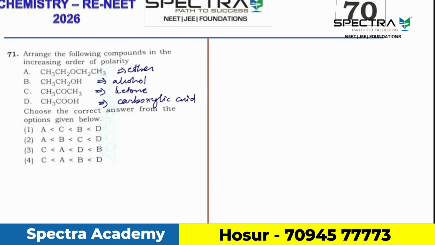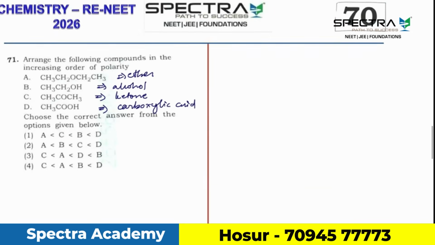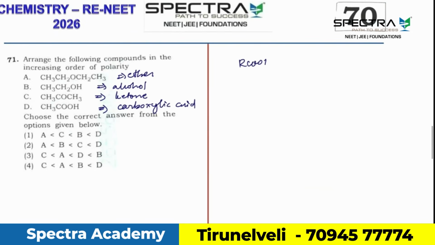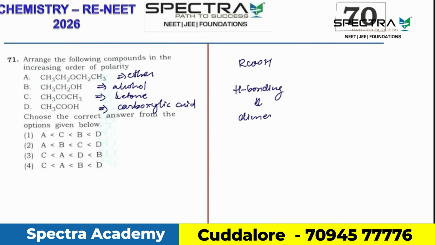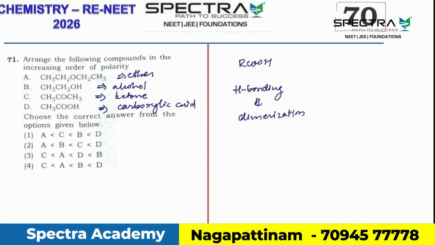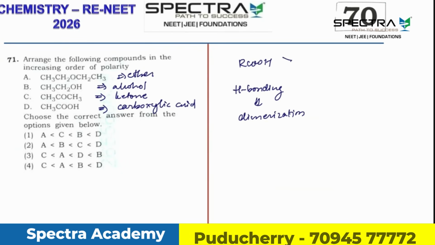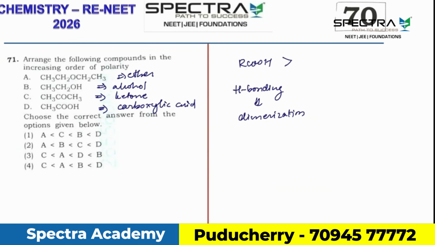So when you compare the polarity of these, acetic acid, or carboxylic acid, will have the highest polarity because they are able to form intermolecular hydrogen bonding that even leads to dimerization of that molecule. So it can form strong intermolecular hydrogen bonding. That is why carboxylic acid has the highest polarity.